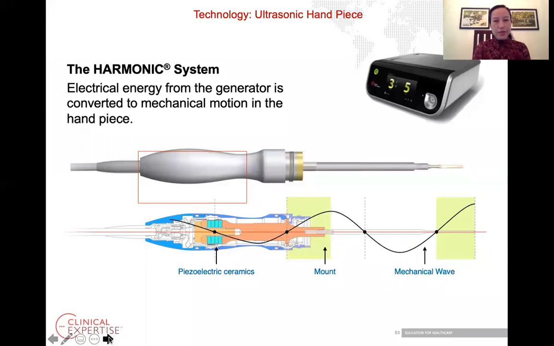In the Ethicon harmonic system, the handpiece houses the ultrasonic transducer, a stack of piezoelectric ceramic discs sandwiched under high pressure. Applying electromagnetic energy to the piezoelectric ceramic discs produces an ultrasonic mechanical wave, which is passed down the shaft of the instrument. Once the wave reaches the blade extender, it causes the blade to expand and contract longitudinally at 20 kilohertz.